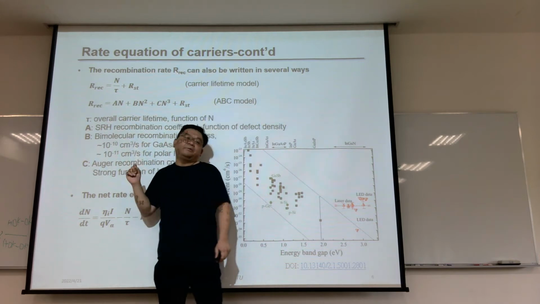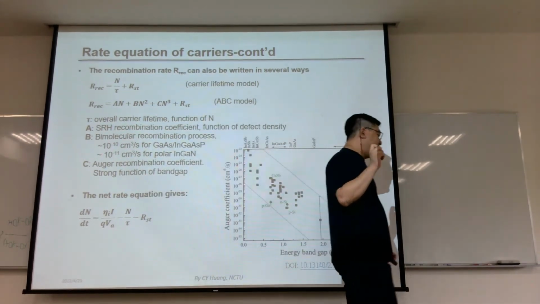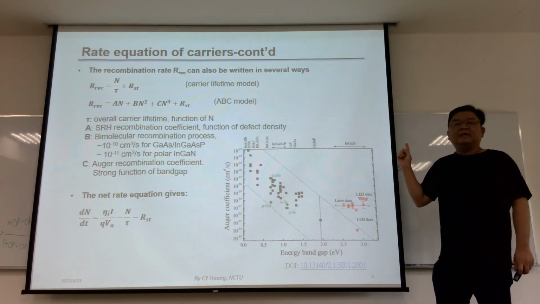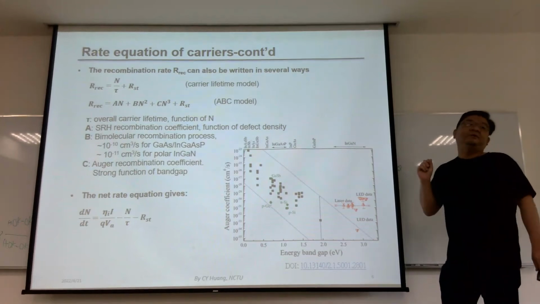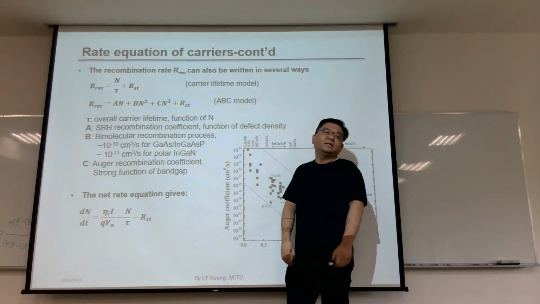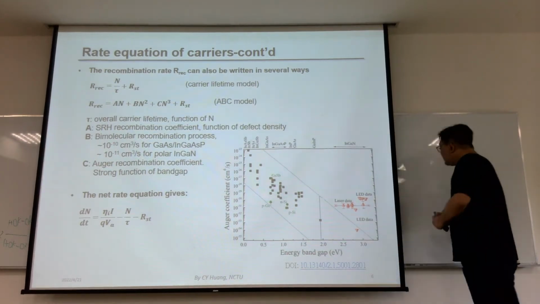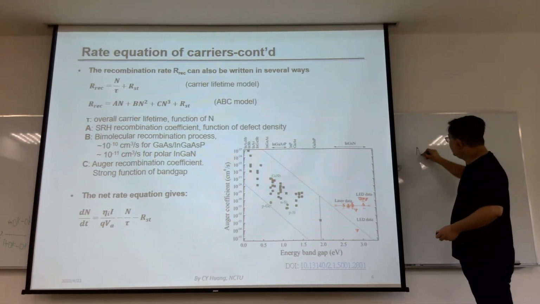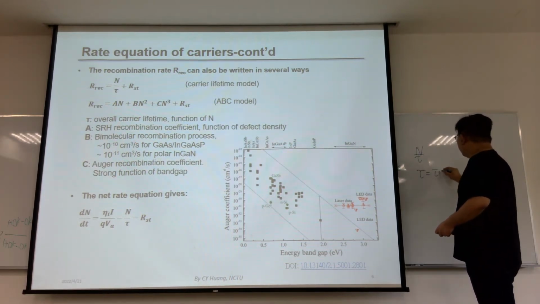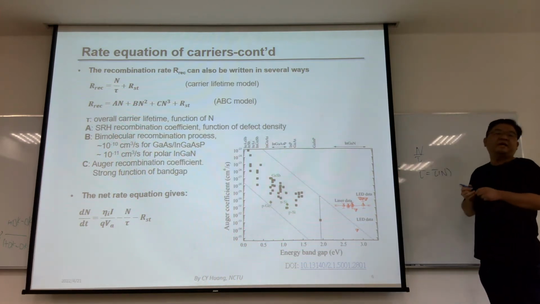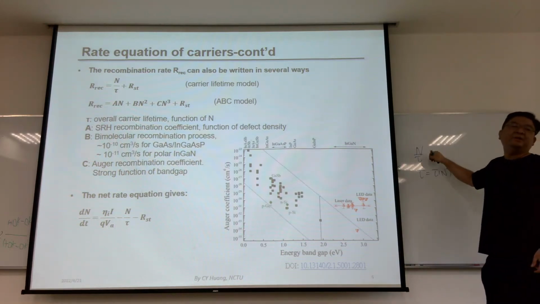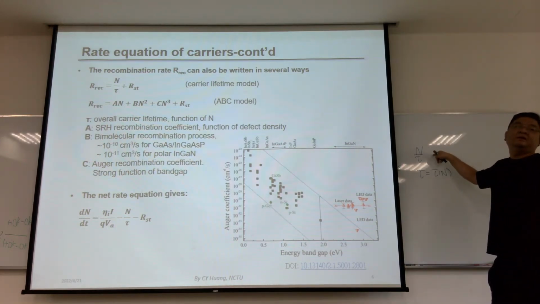Tau is the carrier lifetime. Obviously, in this case the carrier lifetime is a function of carrier density as well. So that makes this expression correct in any form. It's n over tau, but tau is a function of carrier density, so as long as it can change, it can be written this way for any purpose.